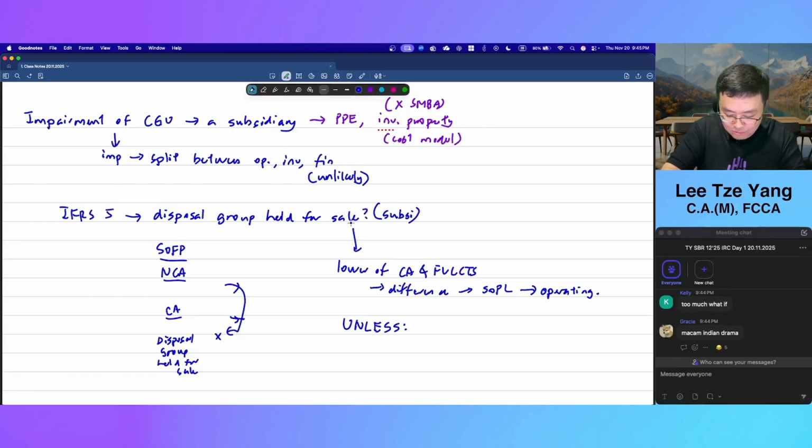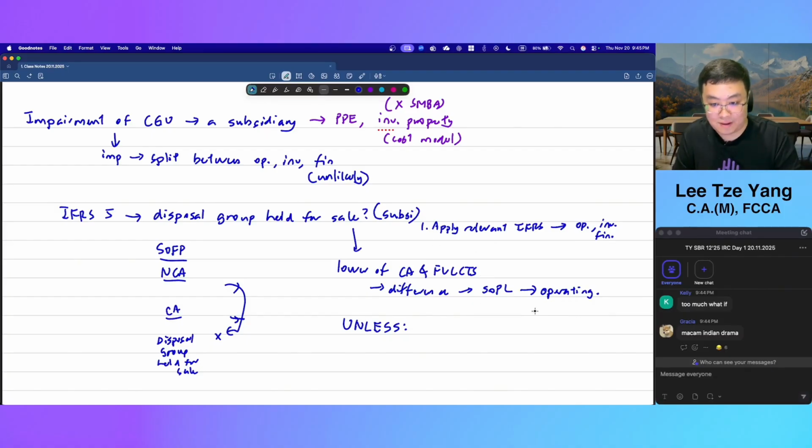In the process to classify as held for sale, the first step is you need to apply the relevant IFRS. This one you do normal. This one you still go for operating, investing, financing. Apply the relevant IFRS, you do normal. I'm talking about the process of measuring it to fair value less cost of sale. Okay, I'm talking about this one. Then this one, operating is correct.